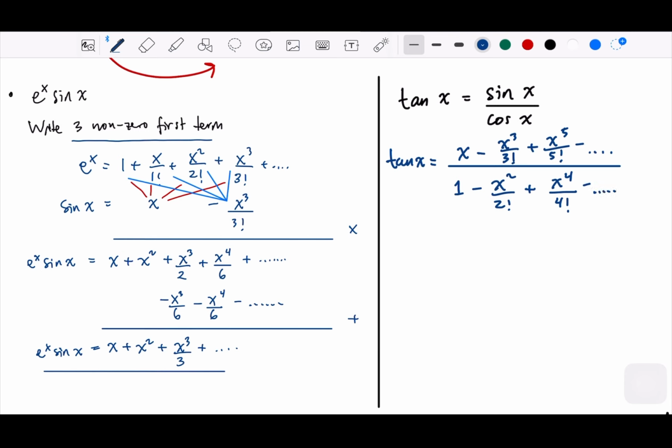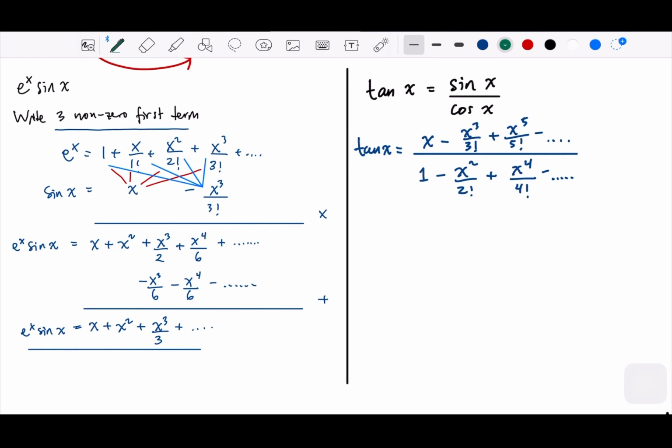Okay, to deal with this, we are just going to use long division. This is x minus x cubed over 6 plus x^5 over 5 factorial, which is 5, 4, 3, 2, 120, right?